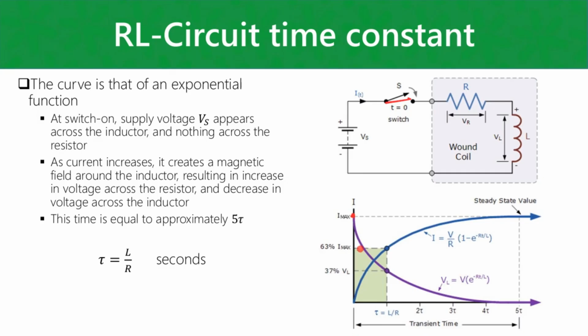Now, as the current starts flowing through the circuit, the voltage across your inductor, I failed to mention that the voltage there is the voltage across your inductor, is going to decrease as the current increases. So the current will increase to a maximum, whereby the voltage will decrease to a minimum.